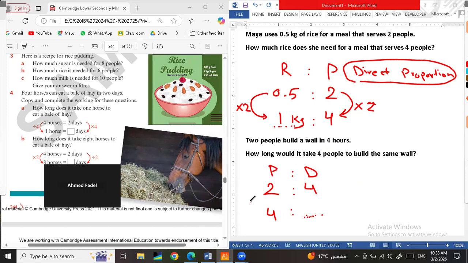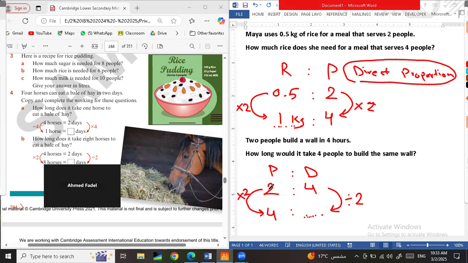Let's think about this in real life. It has no rule, it's just real life. If the number of people building a wall got doubled, what is going to happen to the duration that they need? We're going to divide it by 2.